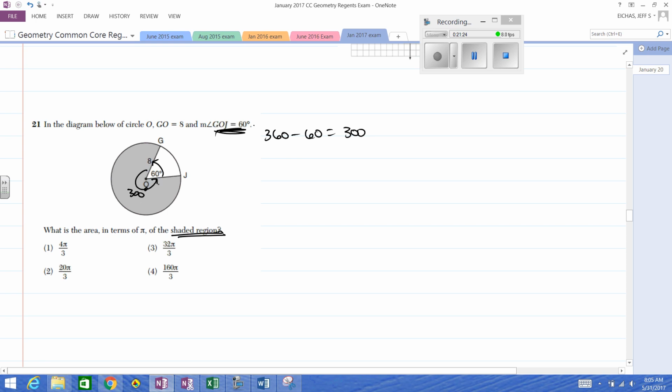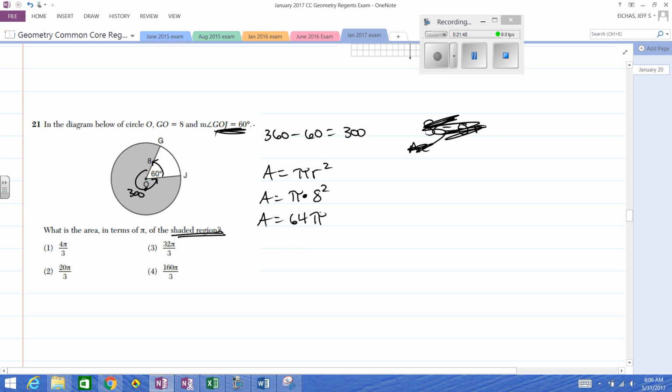Now, there's a few ways to do this. S equals theta r for arc length, right? Oh, no, area, sorry. So we want area. Area of a circle, this is how I do it. I get the full circle first, pi r squared. Okay, so r is 8, so I get 64 pi.